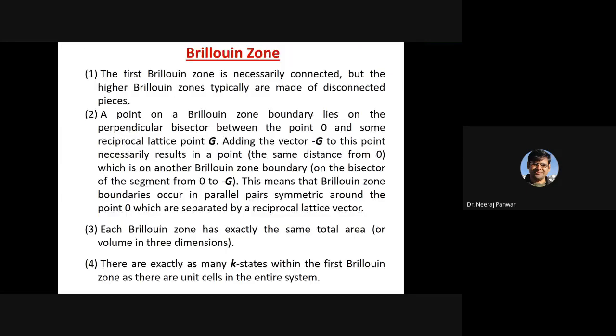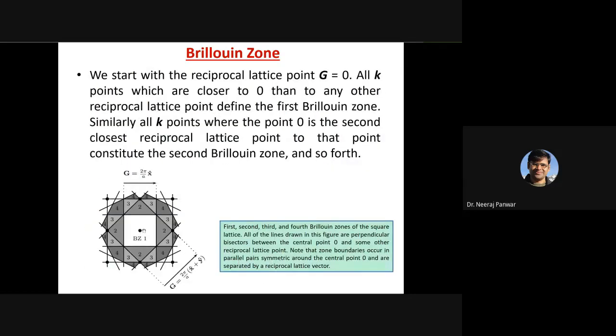Also, when we defined the Brillouin zone, we said that any wave whose wave vector starting from the origin terminates at the zone boundary will necessarily satisfy the diffraction condition.